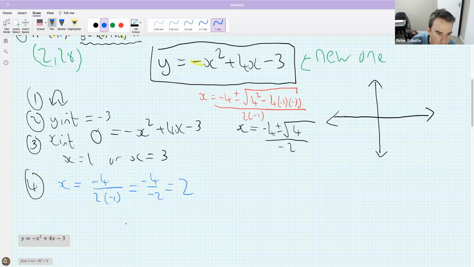So now what I need is I need to know what is the full value of the turning point. So I need to plug that into the original equation, and I want to get a y value there.